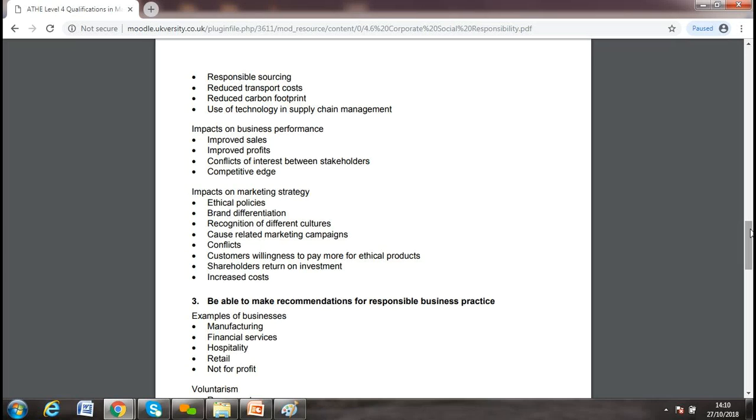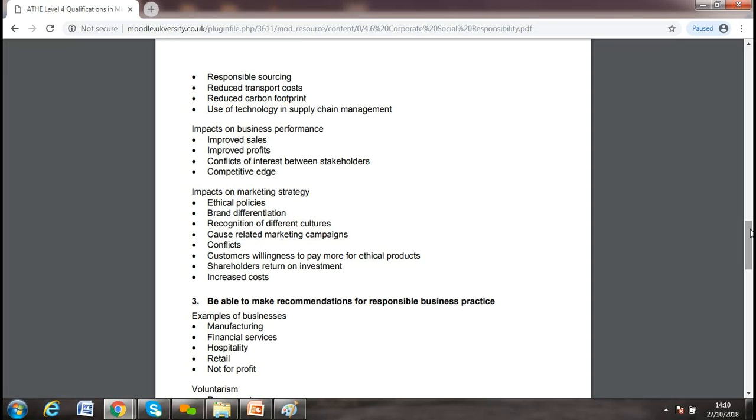In financial services, providing loans to workers, maybe without interest up to some extent, if they need them, can be corporate social responsibility if we have spare cash.